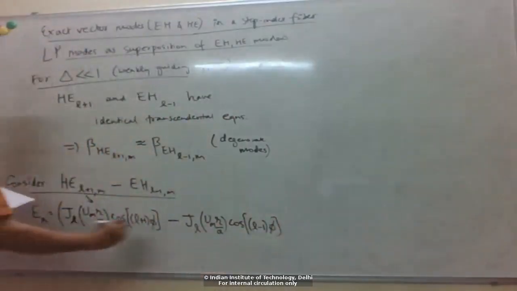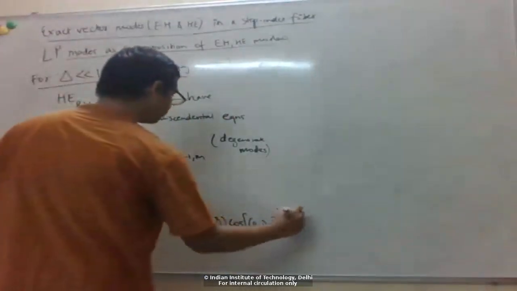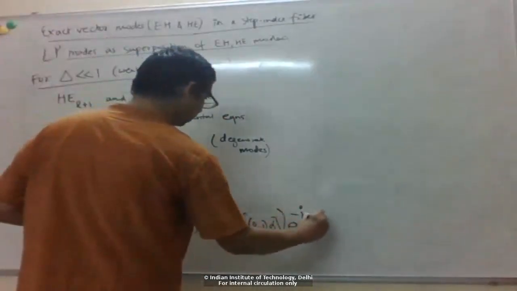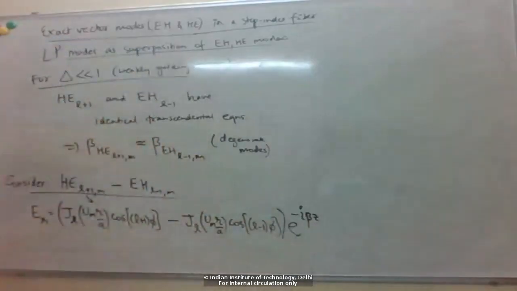And of course the propagation constant is now the same for both. So this will be the radial field profile for this superposition.